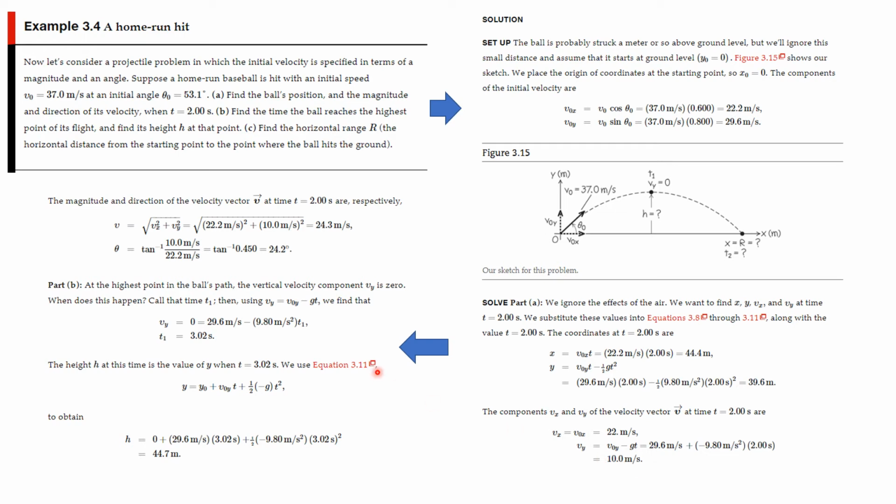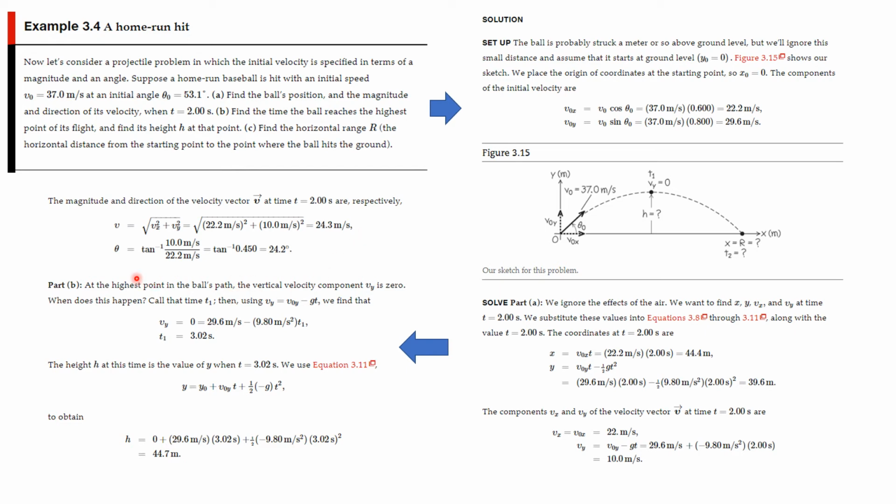Okay, so now we continue because we still haven't answered part A. The magnitude and direction of the velocity vector at time t equals 2 then are, so this is the magnitude, the square root of v sub x squared plus v sub y squared, square root of the whole thing, and it's 24.3. You should check these calculations.